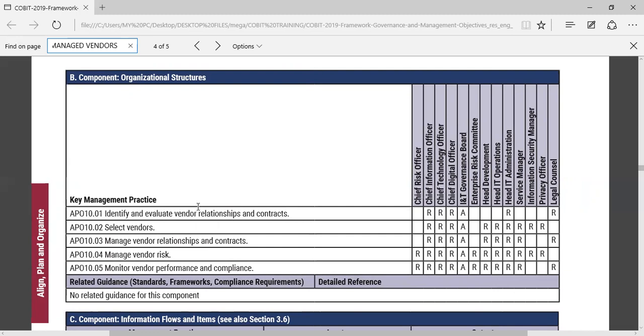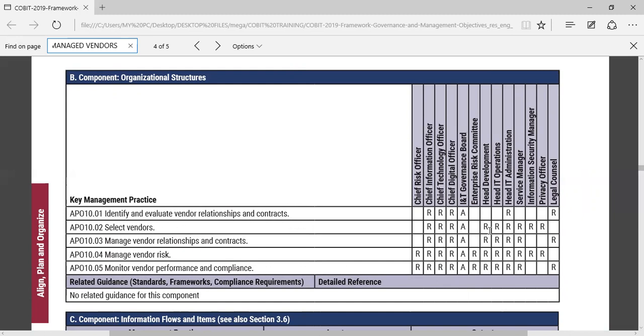For example, identify and evaluate vendor relationship and contract. COBIT says your I&T governance board, so the leadership of the organization, is accountable. Then the responsibility can fall to the CIO, the CTO, the CDO, Chief Digital Officer, and IT administration. I think that makes a lot of sense.